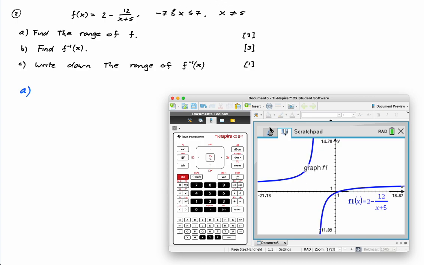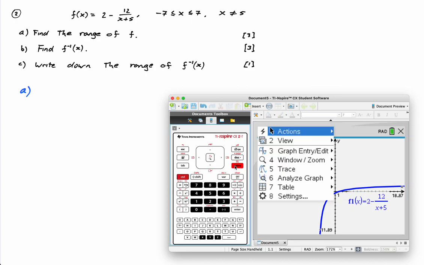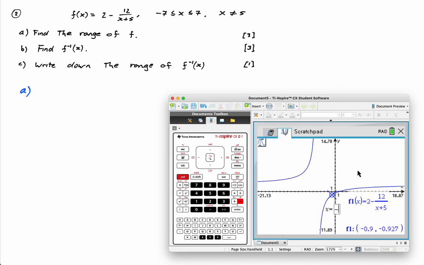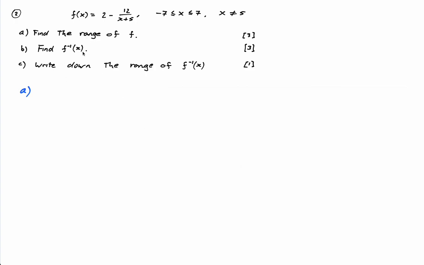Now it goes to -7. So I'm actually going to go menu, trace, and I'm going to type in -7. Right. -7 is 8. So it goes from positive infinity to 8. So I'm actually going to write that down. I'm going to say the range of f.